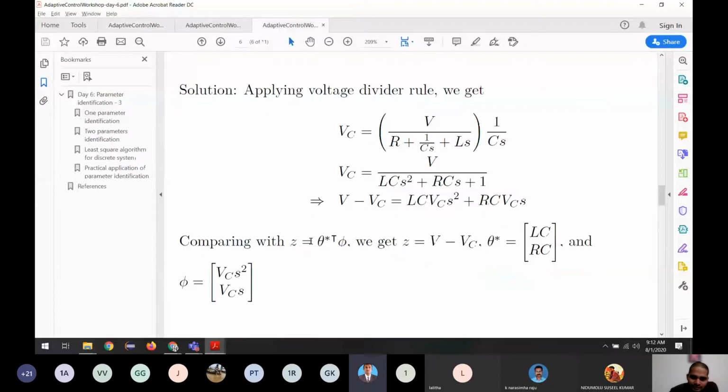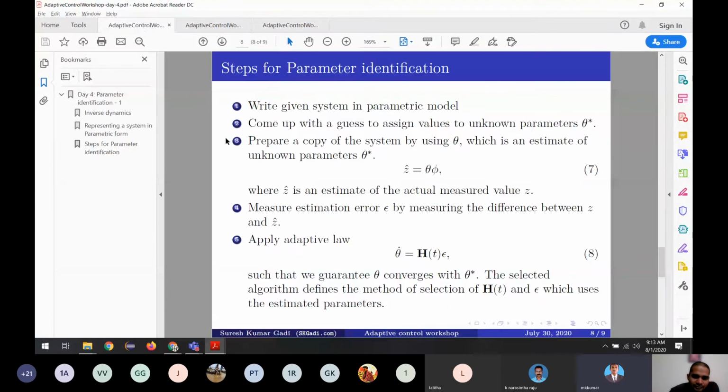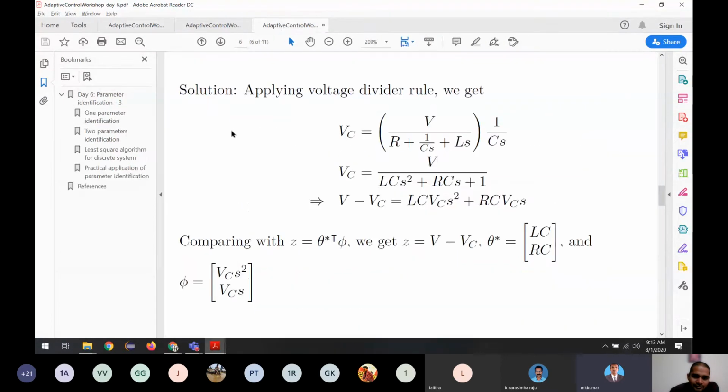Sir, sorry to disturb you. Sir, can you please go back to the previous slide, sir? This one? This one. Oh, which previous one? Sir, previous. This one. Yes, sir. Do you have any doubt on this slide, sir? To recollect the relation, sir. VC is equal to V by LCS square plus RCS plus 1.